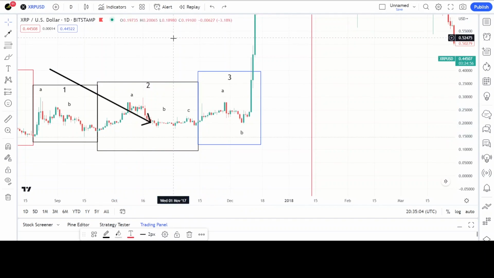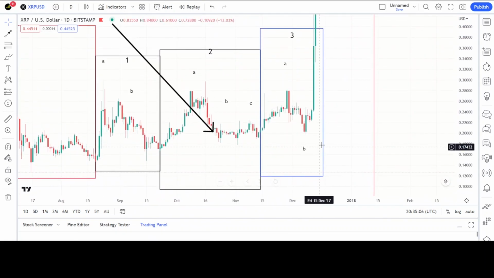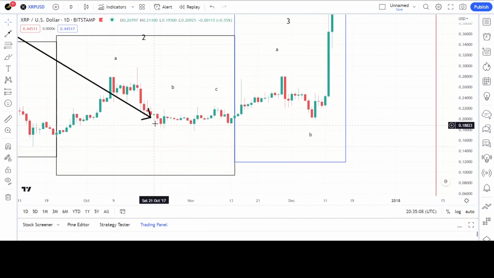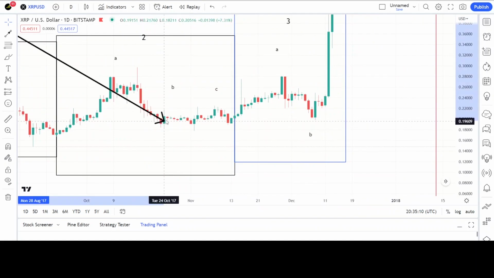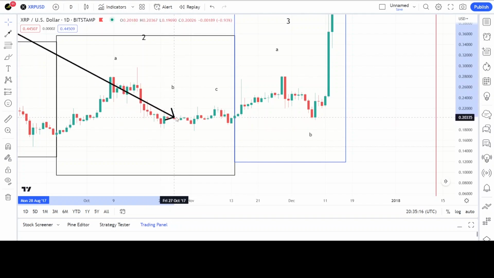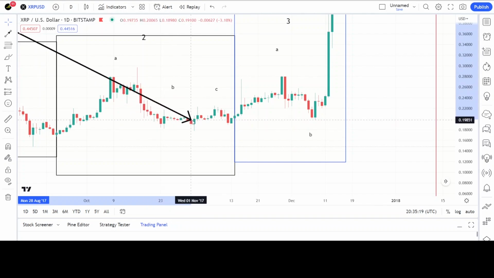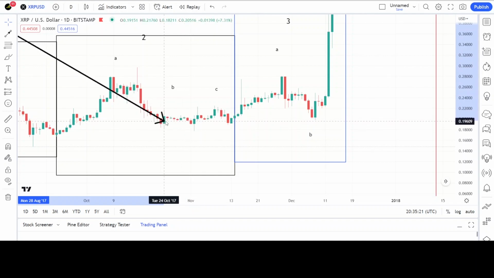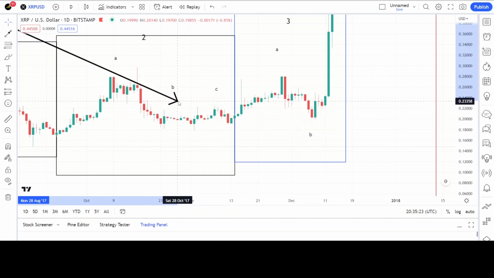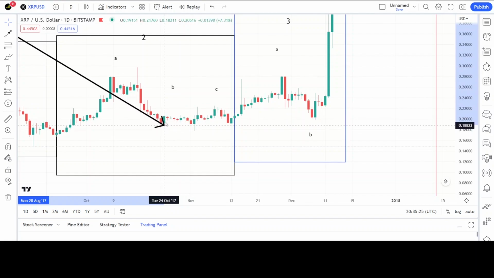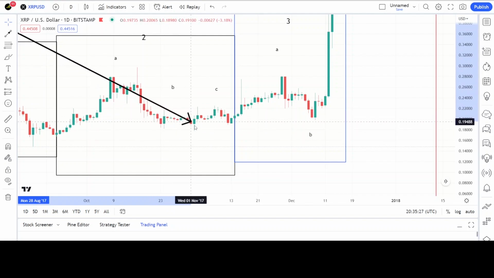So part B doesn't really get much airtime. It just kind of goes flat, but it drops, goes up a little, kind of travels flat, and then drops again. So you don't have much height here, but you do have the depth over here defining that wave.